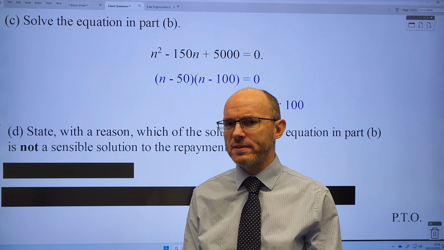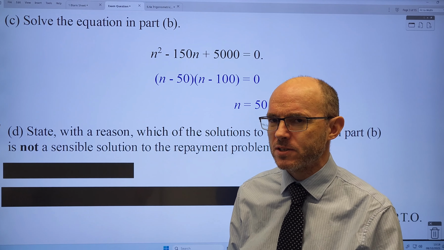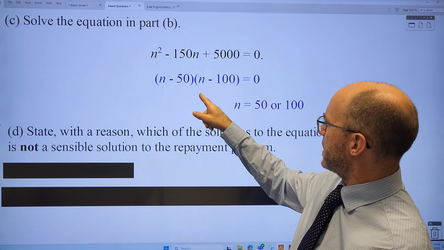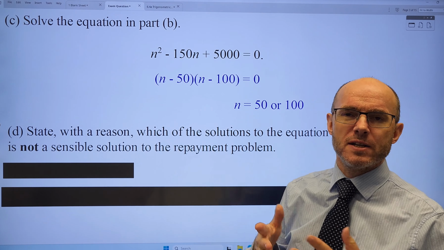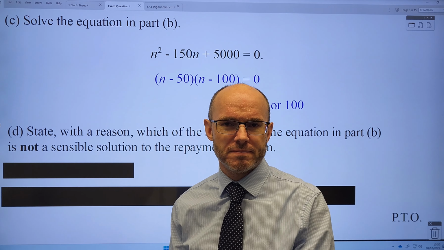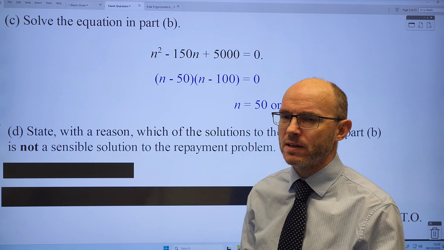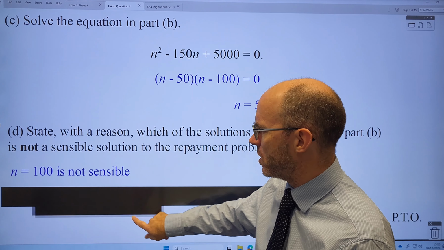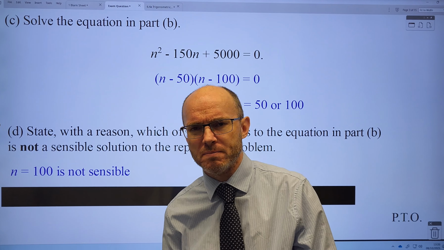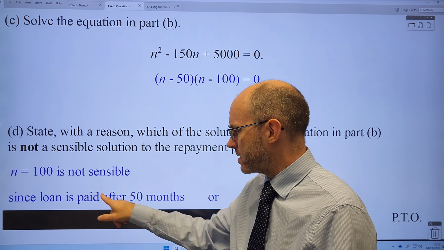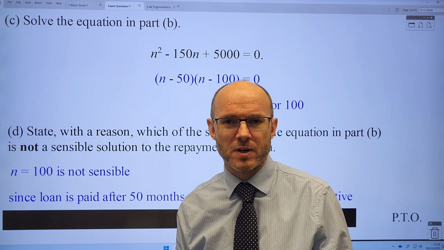Bear in mind that this is a repayment system. After the 50th month, it's completely paid off. It's done. So the 100 is meaningless. So you can just say n equals 100 is not a sensible number, since the loan is paid off after 50 months.